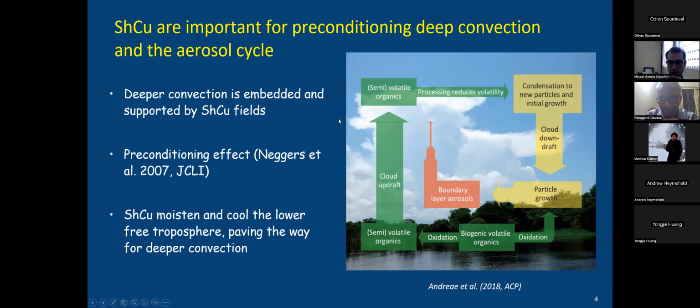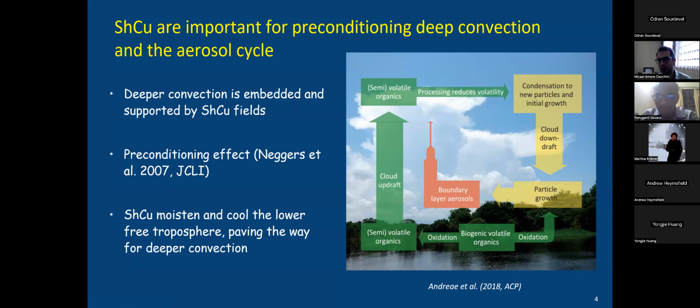So for the Amazon, this has another consequence, because studies have shown that the deep clouds and the aerosol cycle in the Amazon are tightly linked together, because the forest emits biogenic volatile organics that are then carried by cloud updrafts to the upper troposphere, where they reach the temperature and pressure conditions that the gases can condense into small particles.